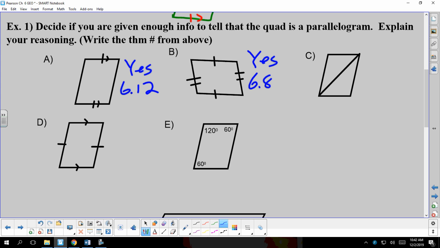This one, you guys have something like this, right? Do we have enough information on this one? Yes, we do. All right, let's think about this one. We know that the sum of two congruent angles will create a congruent angle. So these guys are both congruent.